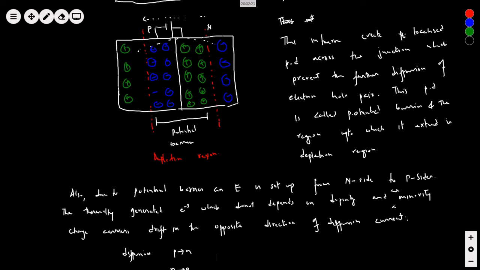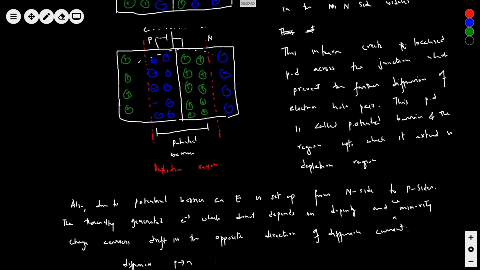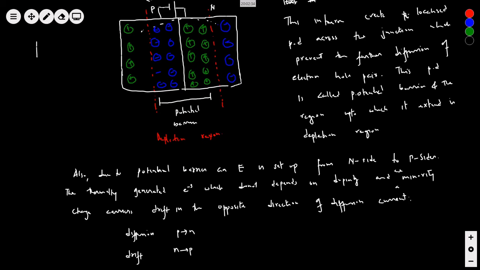You can understand it this way: the electric field that exists between N and P is directed from positive to negative. So holes are moving this way and electrons are moving from negative to positive.